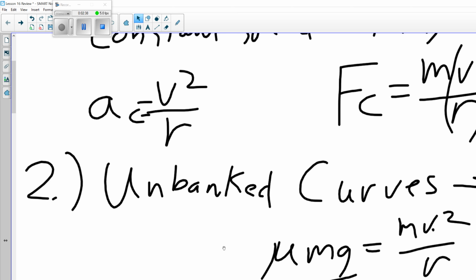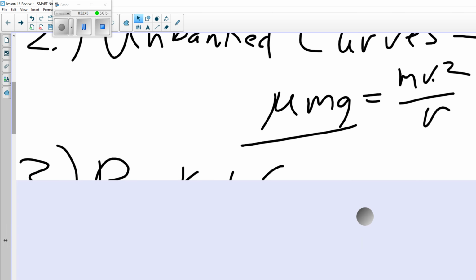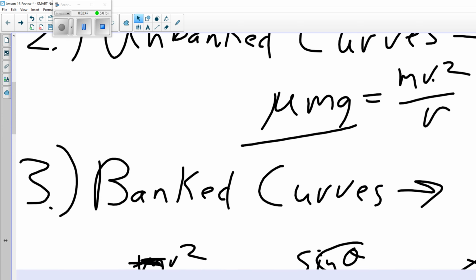Okay, and then right after that, we talked about the other kind of curves, which are banked curves. Those are the ones that we elevate one side of in order to create a normal force that has a component acting back towards the center. So when we bank a curve, it essentially becomes an inclined plane.